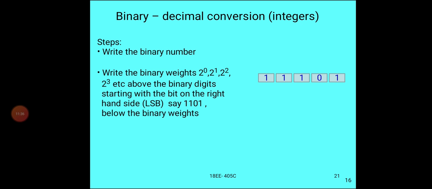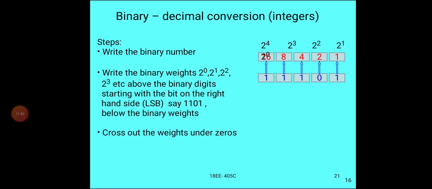Below the binary digits, write the weights: to the power of 0, to the power of 1, to the power of 2, to the power of 3, to the power of 4. Cross out the weights under the zeros. Add the remaining weights.